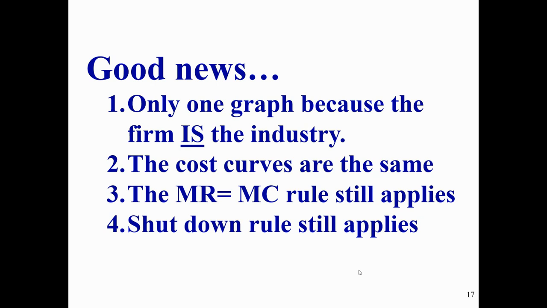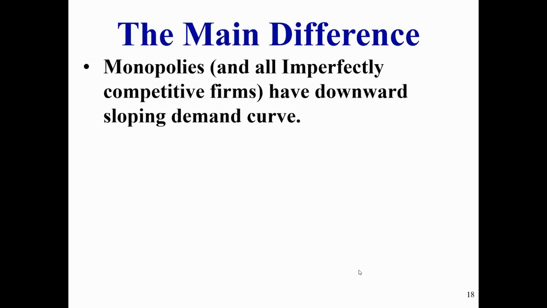Okay, Mister, that's amazing. So what is the difference then? Well, it's pretty easy. The difference is that monopolies, and actually all imperfectly competitive firms, have a downward sloping demand curve, right? Because the higher the price, the less the demand. They are not in perfect competition.